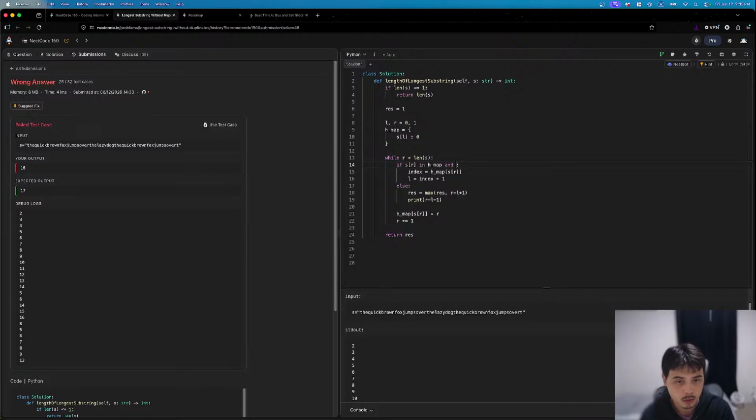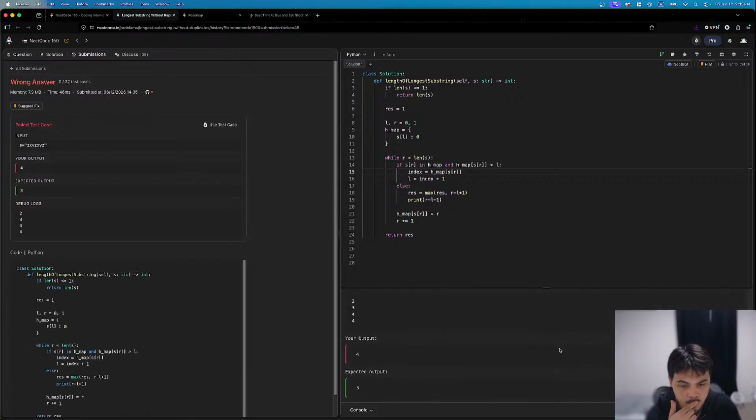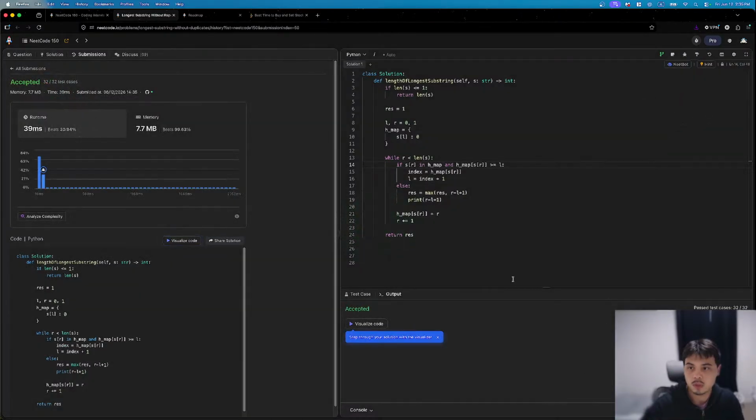and hash map SR greater than L. We want it to be, and hash map SR is greater than L. That's when we do the resetting. No, greater than or equal to. Okay, Gucci.